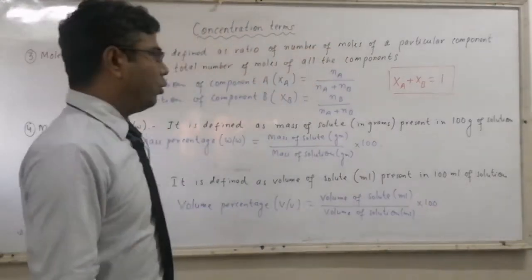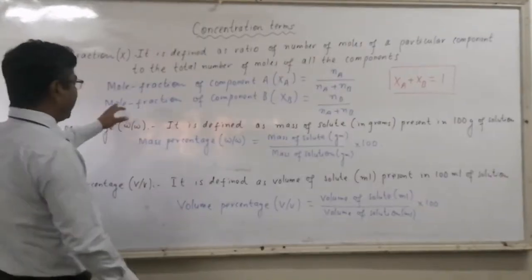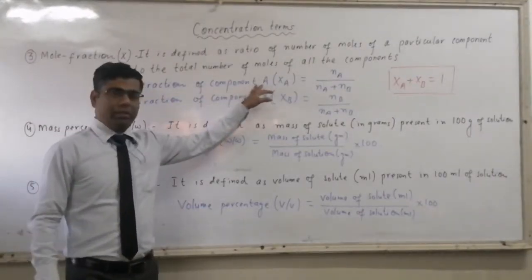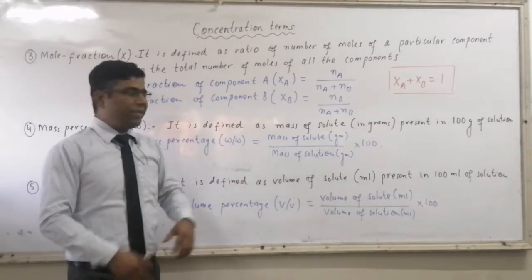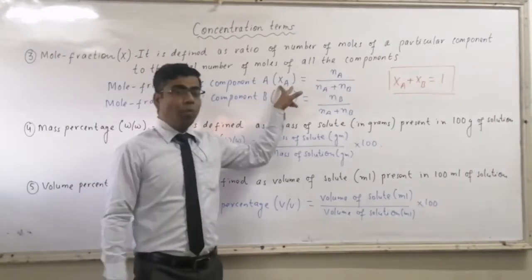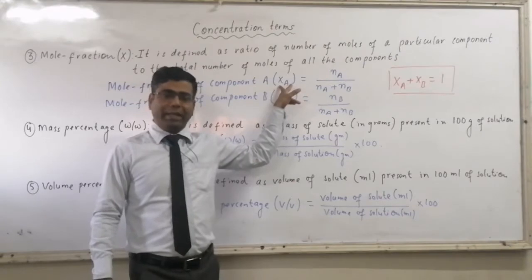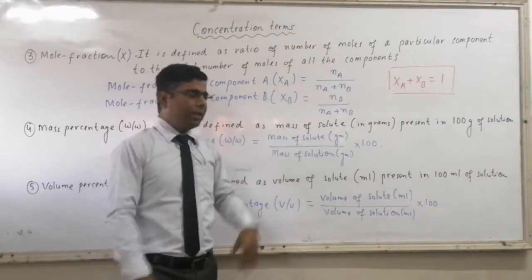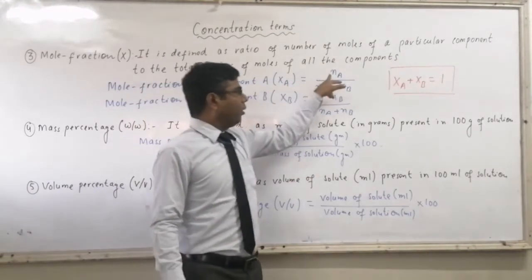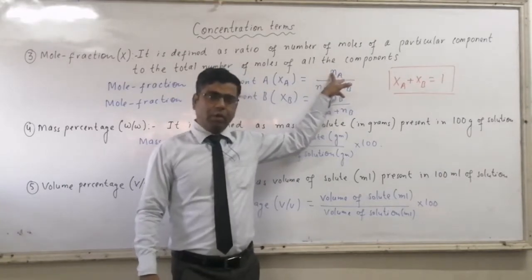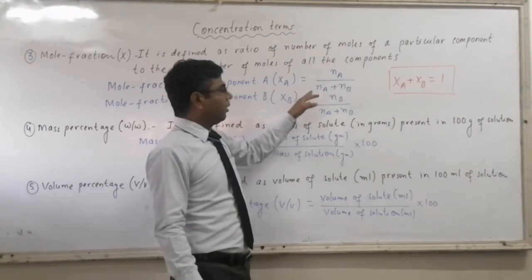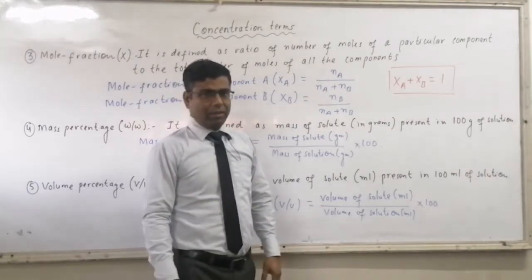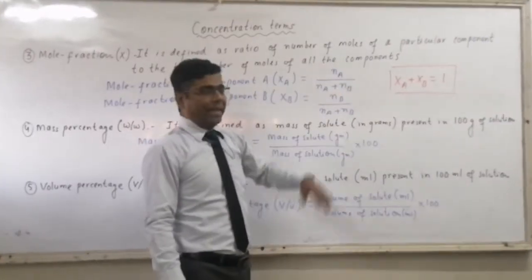Here we can use the formula: mole fraction of component A, taking A as a solvent, is represented as XA. It is equal to the number of moles of component A, or solvent, divided by the total number of moles, that is Na plus Nb.